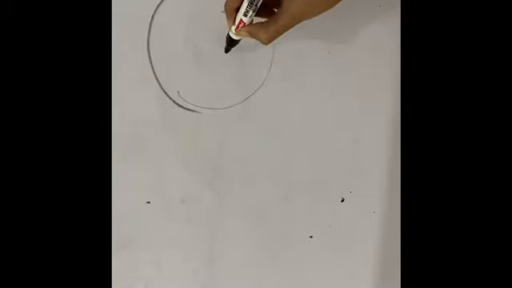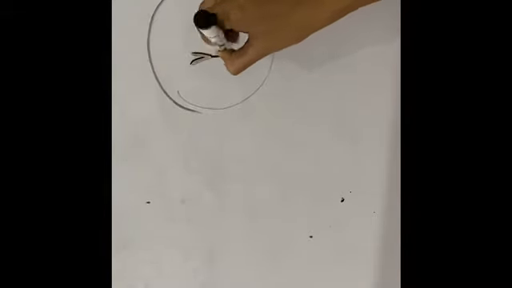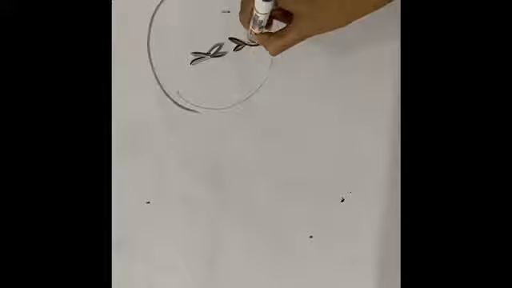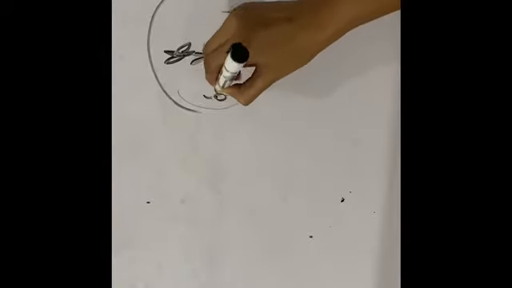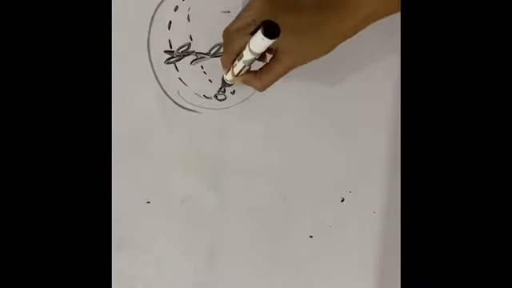So the chromosomes will arrange themselves on the equator. They will all lie on the equator in metaphase. Alright, and the centrioles, remember the centrioles which reached the opposite poles, from these centrioles start arising the spindle fibers.